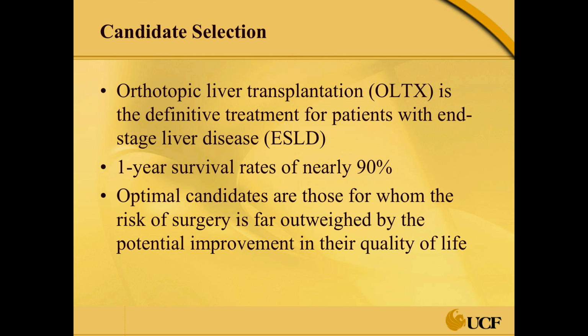So the person that's going to be a survivor, that's going to have long-term, hopefully improved quality of life, but is going to be the lowest risk of surgery that there is.